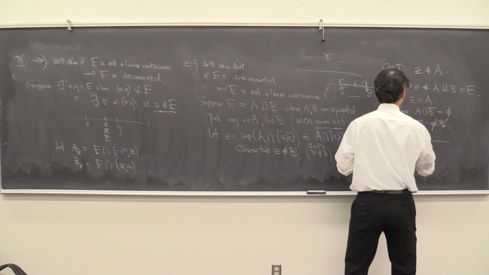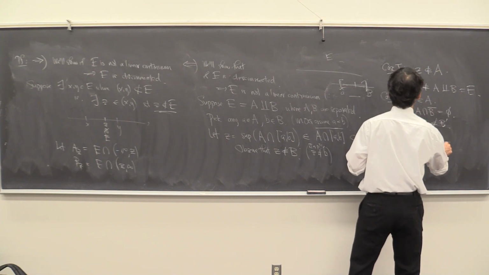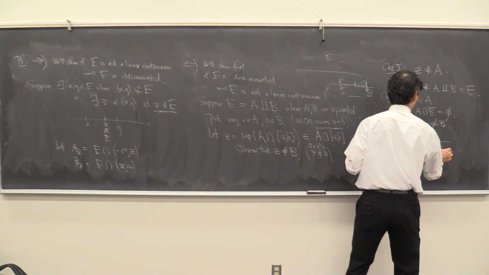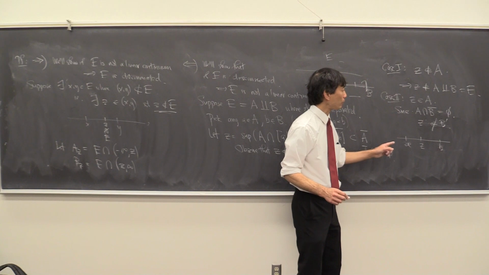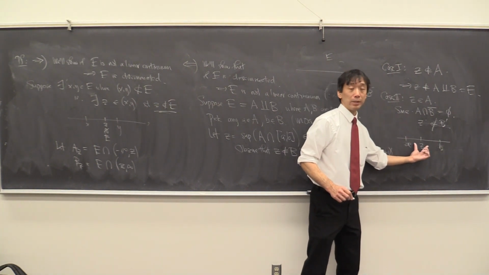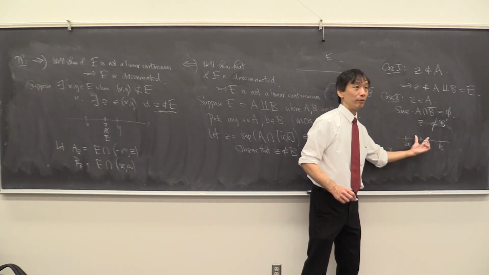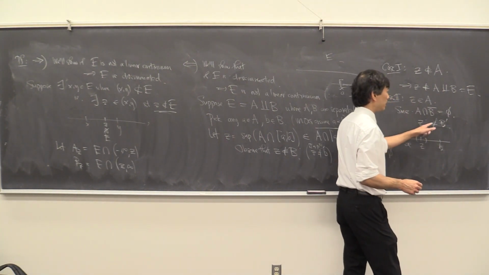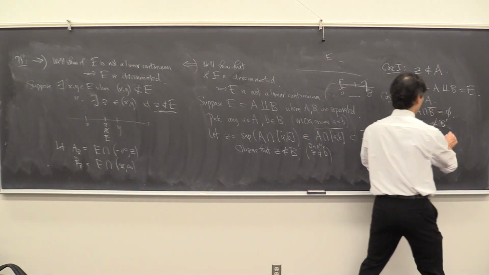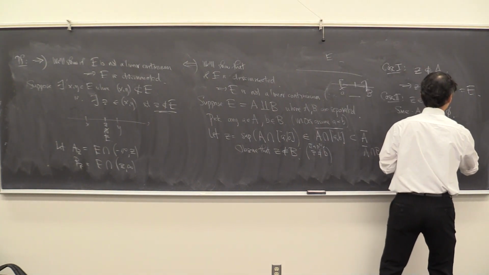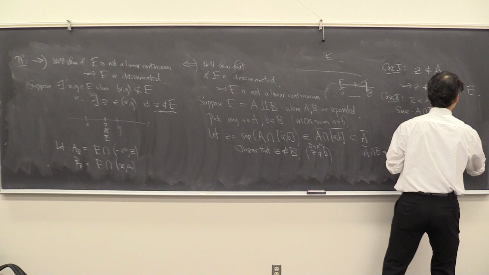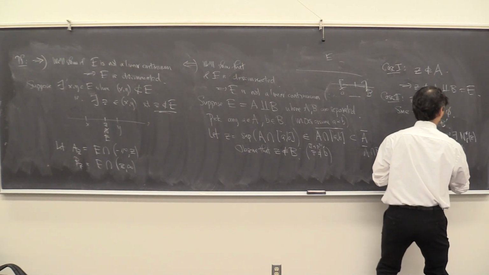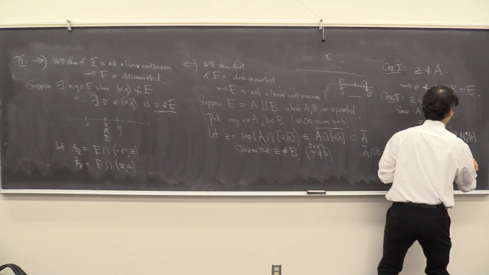So here's z, and here are a and b. Not being a limit point means that we can find a neighborhood around it that doesn't intersect B. So there exists a punctured neighborhood around z such that the punctured neighborhood intersect B is empty.